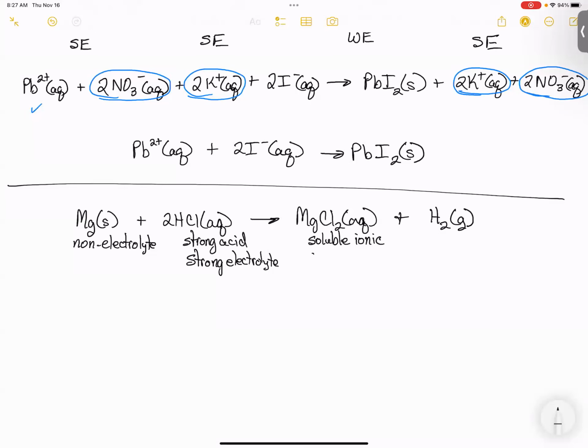Soluble ionics are strong electrolytes. But hydrogen is a non-electrolyte because it is a gas.